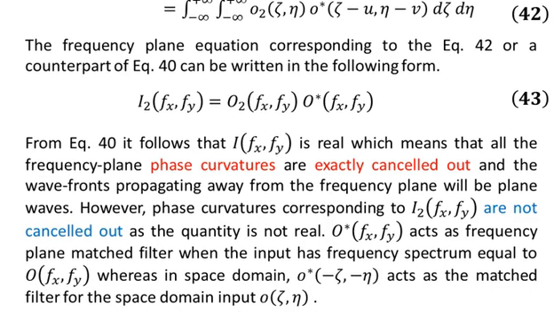From equation number 40 it follows that I at the frequency plane is real, which means that all the frequency plane phase curvatures are exactly cancelled out, and the wave fronts propagating away from the frequency plane will be plane waves.